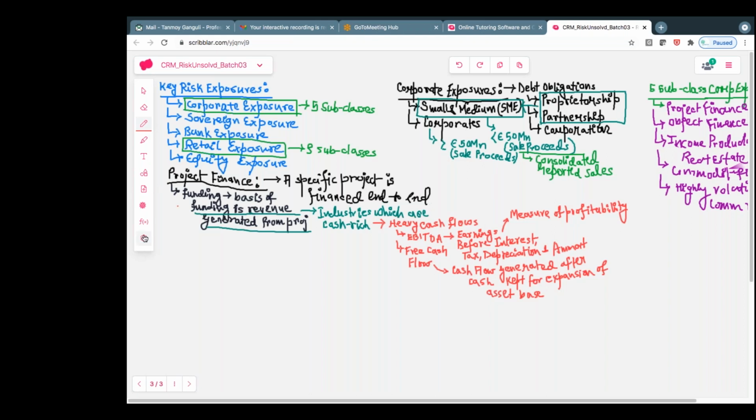Okay. So the next part that we have over here is how the funding is done, right? Now, I'm trying to do the funding. The key component that I have over here for project finance is the revenue. The question that comes out is, how do I use or adjust the revenue?